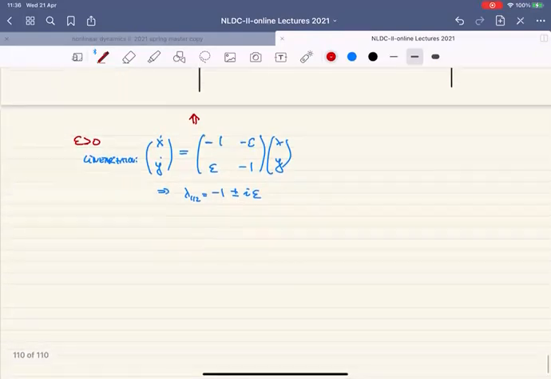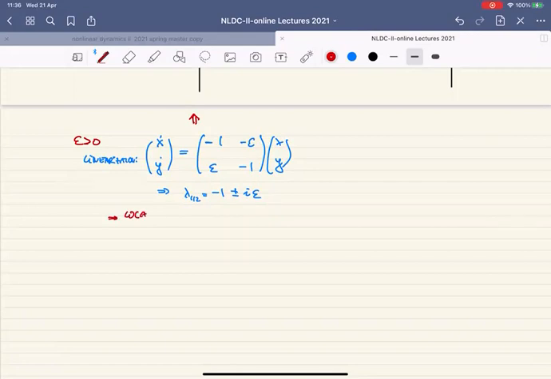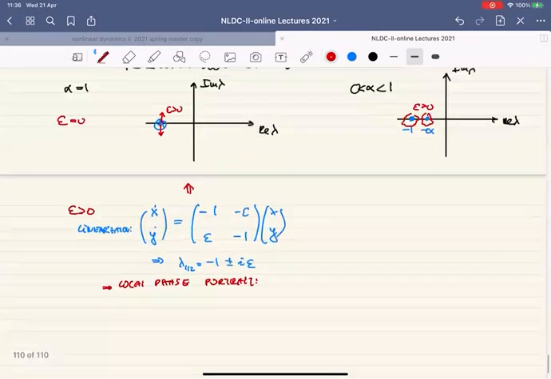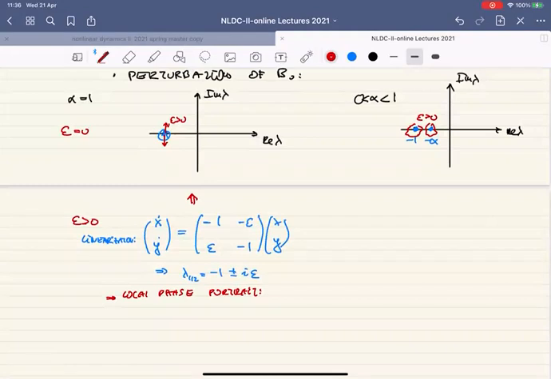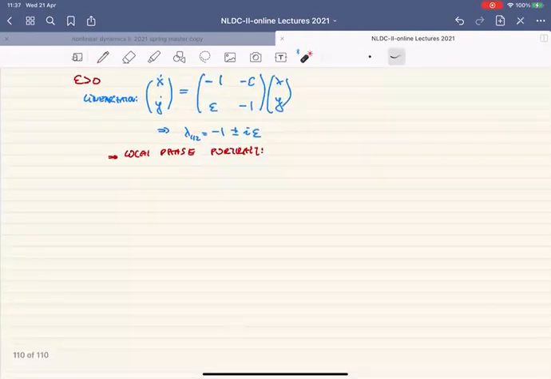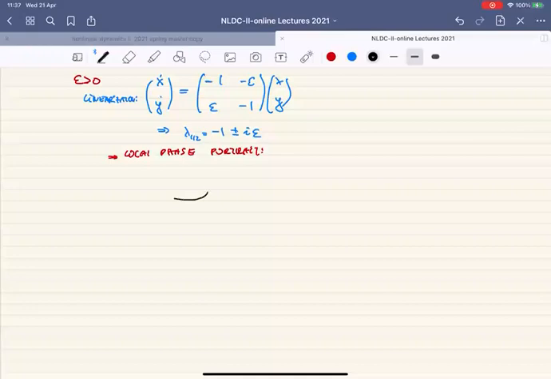So what happens for epsilon bigger than 0? The local phase portrait will be a what? A focus, and it's going to be a stable focus because of this sign. You can just check what the direction of the rotation is. So just believe me, well, don't believe me, but this is one possible.